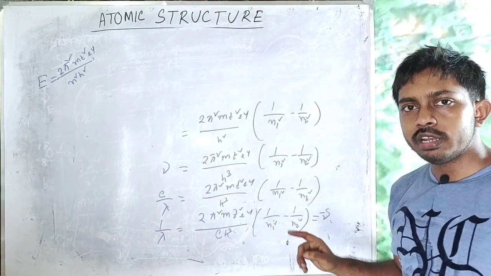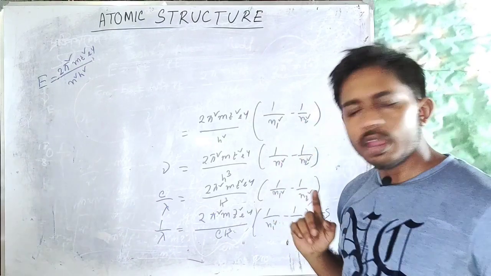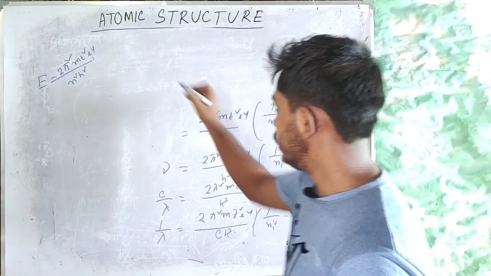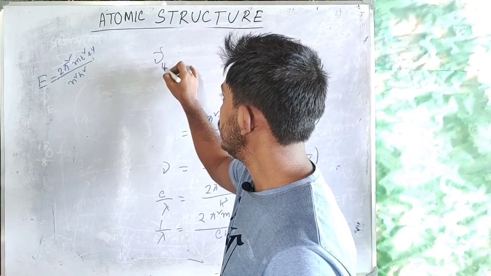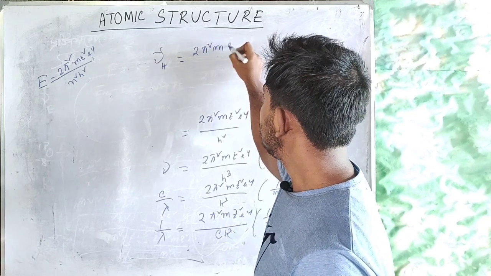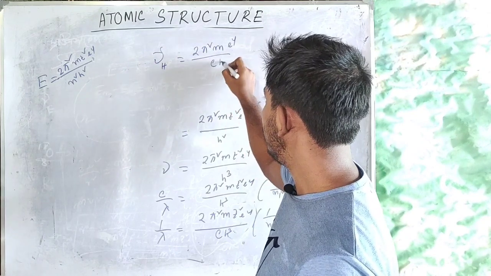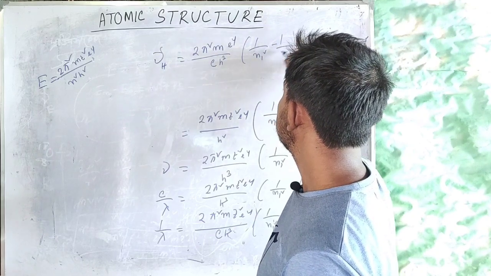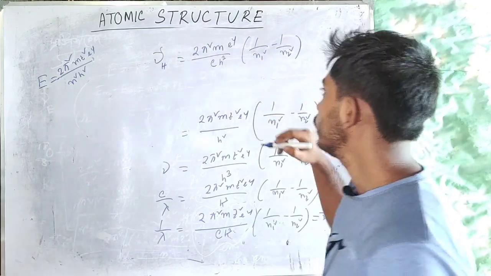Now for hydrogen atom, the atomic number Z will be equal to 1. So for hydrogen atom, ν bar H will be equal to 2π²me⁴/ch³ into (1/n1² minus 1/n2²).